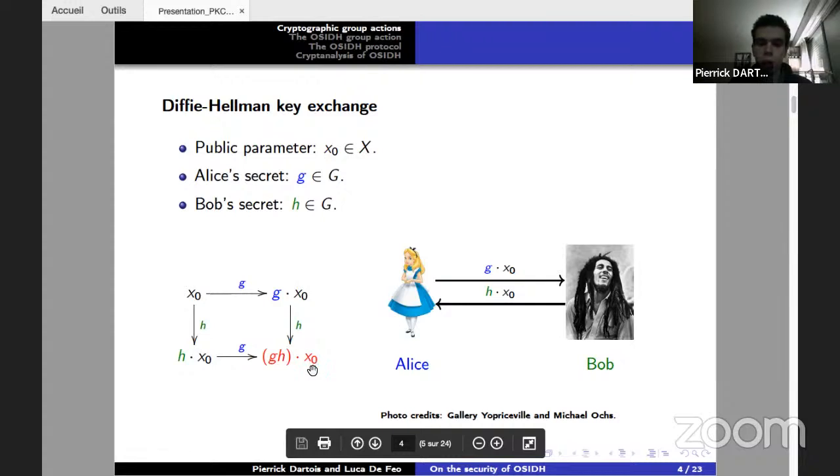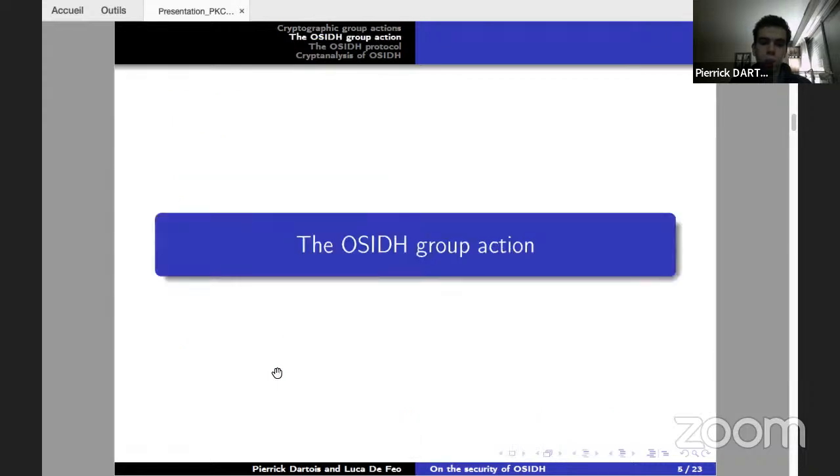This will work because the group is abelian and will be secure because the group action is one way.